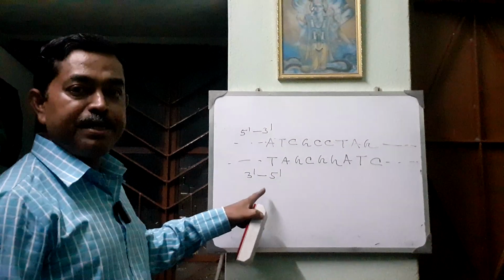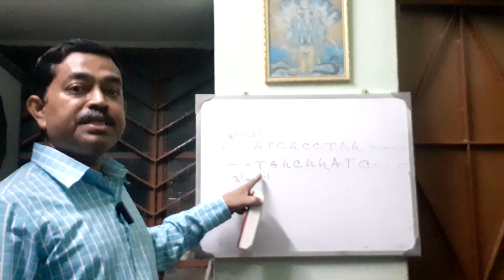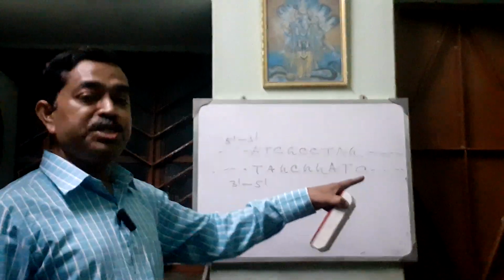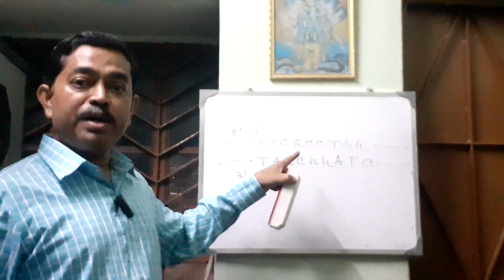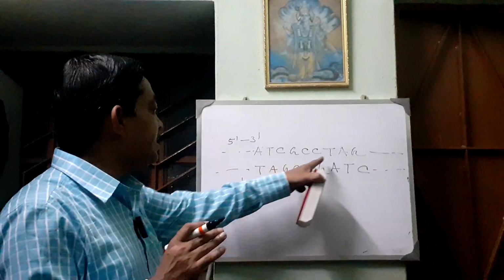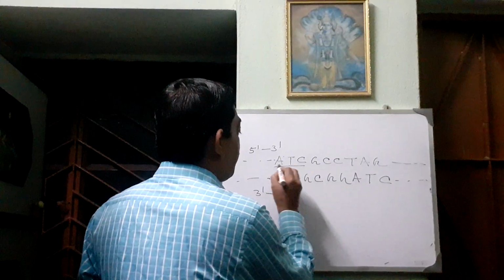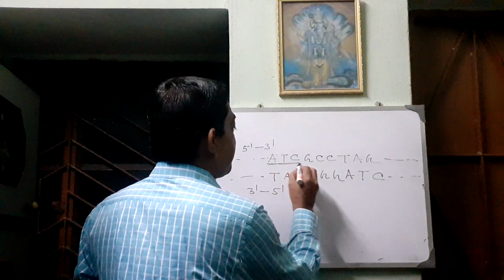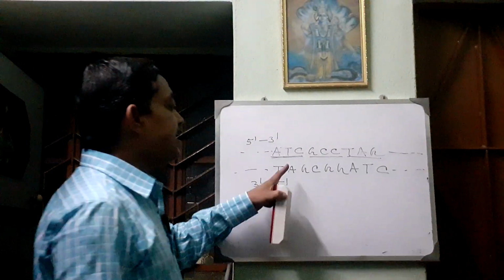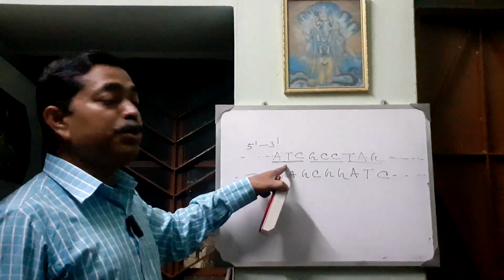For protein synthesis, these strands must be separated to read the nucleotide sequence. Every three nucleotides, like adenine, thymine, cytosine, guanine, cytosine, are denoted as a codon or triplet.